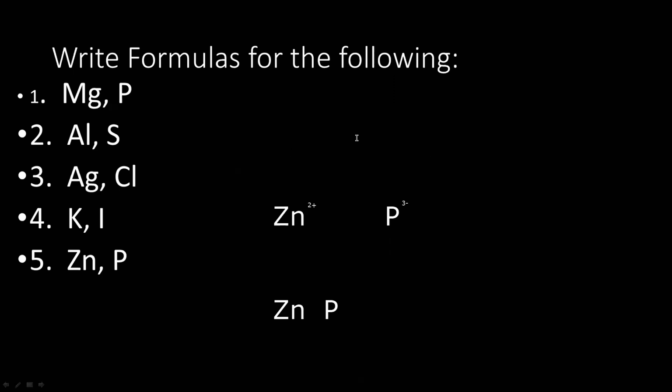So you keep adding 1 on each side and seeing if it works. But the math is such that you can just take the number itself and move it across into the other guy's space. And then you're going to get zinc 3, phosphorus 2.